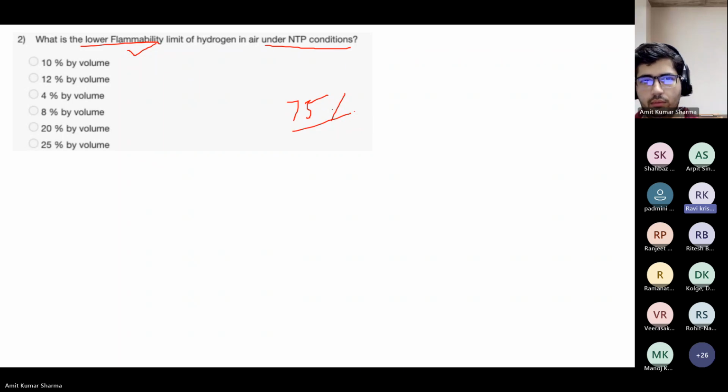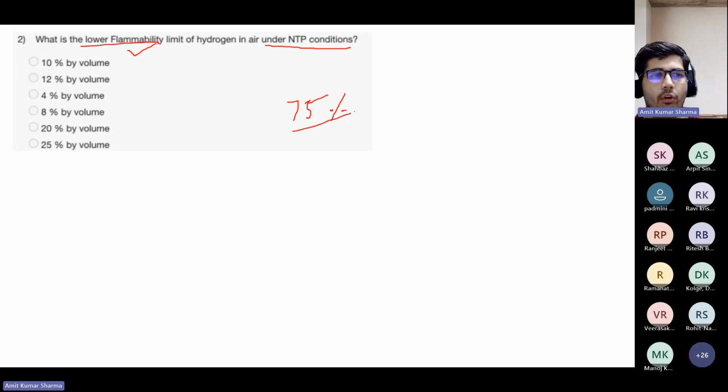If 75% of the volume is hydrogen, then along with the air, there is a possibility of fire. Okay. And suppose if it is 80%, then what will happen? The fuel is highly enriched, so the possibility is very low for fire. Yeah. So there will be a very rich fuel mixture, so the possibility will be very low.